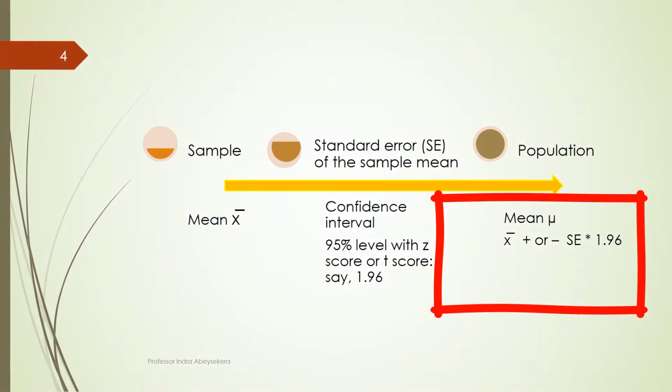So sample mean plus or minus the standard error multiplied by 1.96 to express at 95% confidence level.